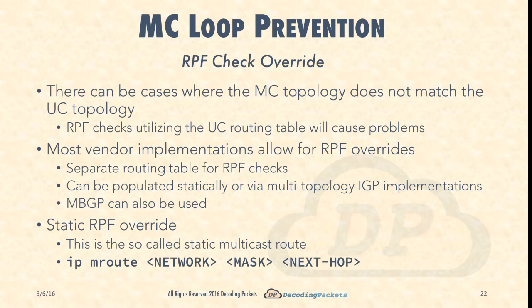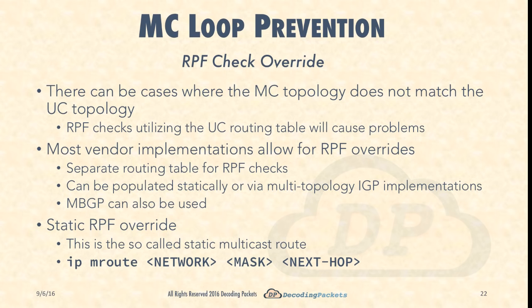So because of this, most of the vendor implementations allow for simple RPF overrides. Essentially you build a separate routing table for the RPF checks. Really what is happening is that in the forwarding state that we talked about, every source comma group, S comma G, the IIF information in there is not being pulled from the unicast routing table anymore. It is being pulled from some other means.